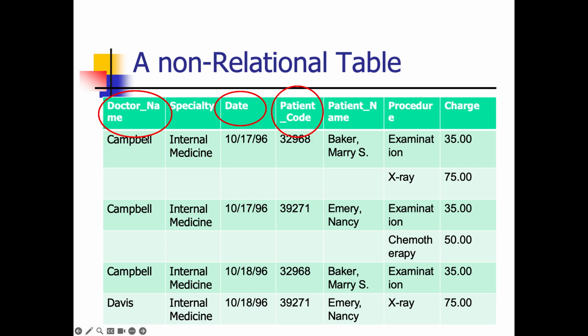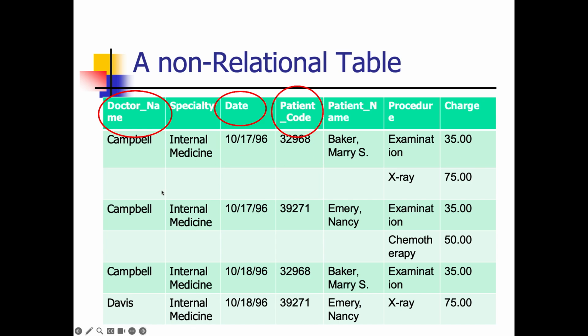So it also depends on the date, and it may also depend on the procedure. There should be another circle here, because on the same day, the same doctor can have multiple procedures, like X-ray or just a normal examination, on the same patient.